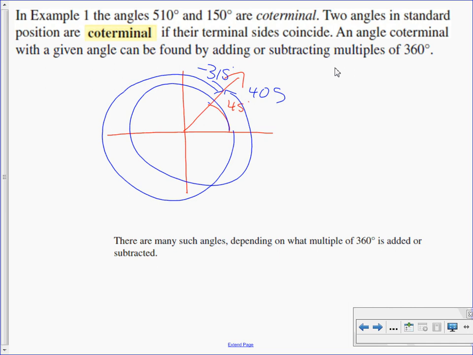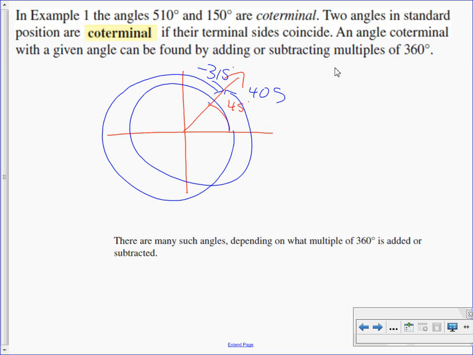You've got to keep subtracting until you become negative. With 60 degrees or 45 degrees, I subtracted 360 and got a negative right away.